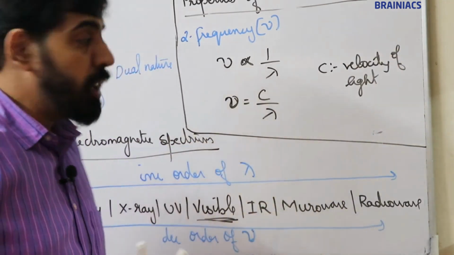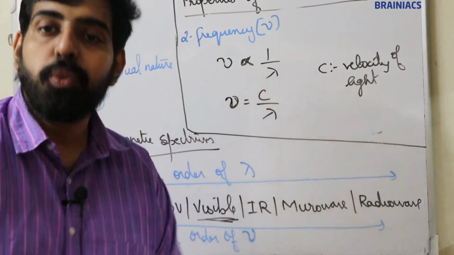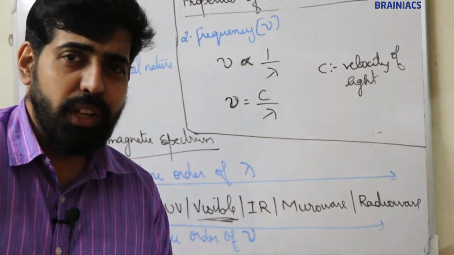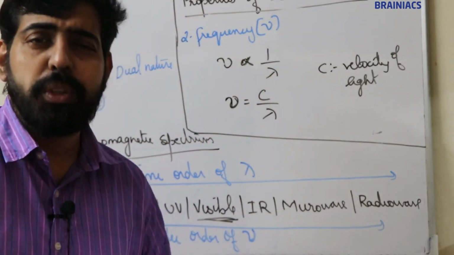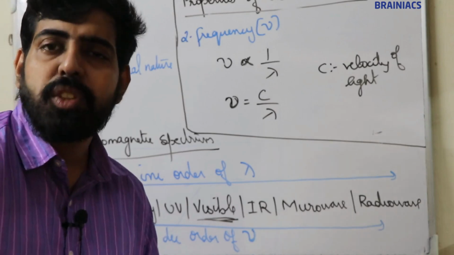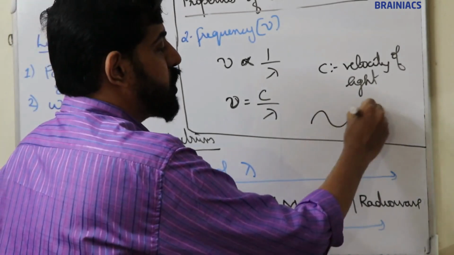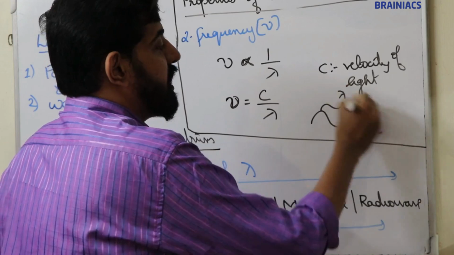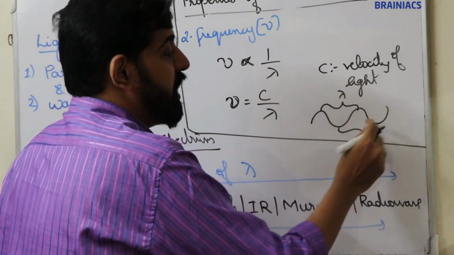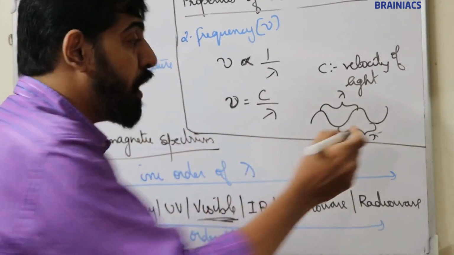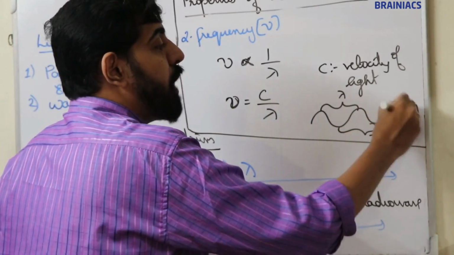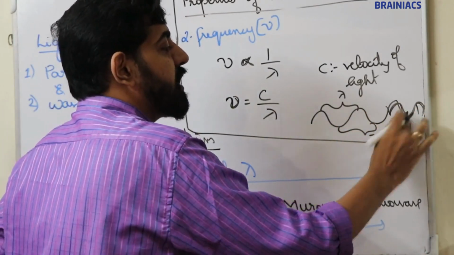Frequency and wavelength are inversely proportional. Now you know what wavelength and frequency are. Wavelength is the distance between two consecutive crests or two consecutive troughs. Frequency is the number of waves passing through a point per second.